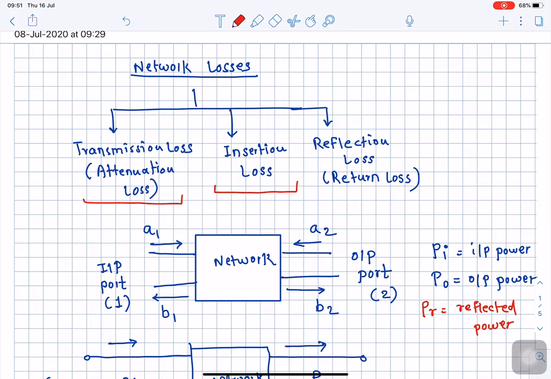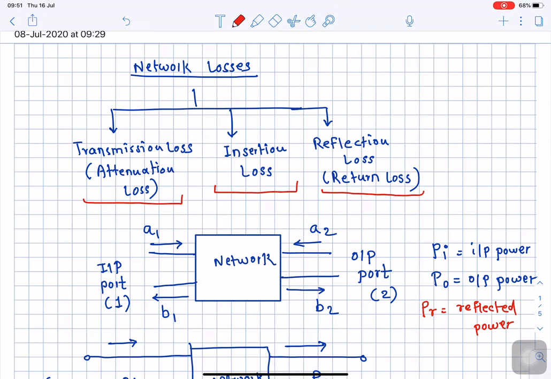And another type of loss which is very frequently encountered whenever the impedance matching is not perfect is the reflection loss, or sometimes it is also popularly known as the return loss. The transmission loss is also known by another name, the attenuation loss. So please remember, transmission loss is nothing but attenuation loss, and sometimes the reflection loss is also termed the return loss.